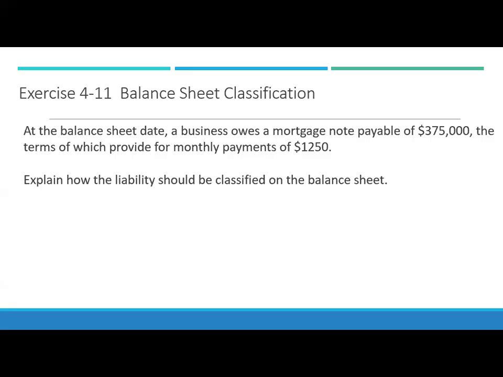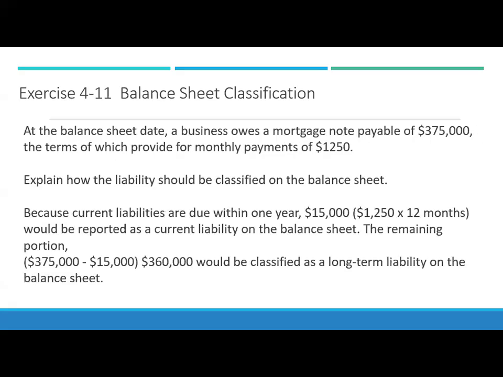For example, a mortgage that's a $375,000 mortgage, the payment is $1,250. You can tell that this was made in a period of low interest rates, this slide. The payments due within the current year are a current liability, and then the portion that's due later than 1 year from now, that's a long-term liability.